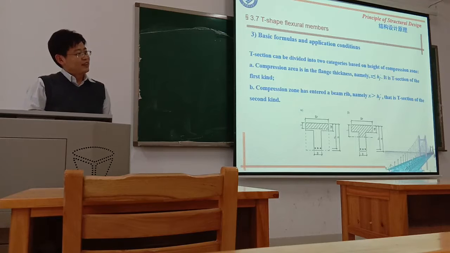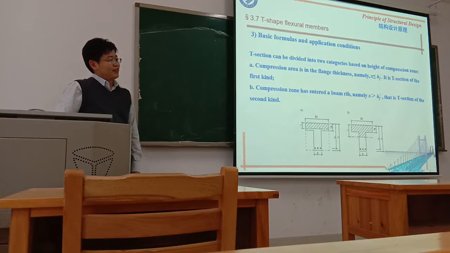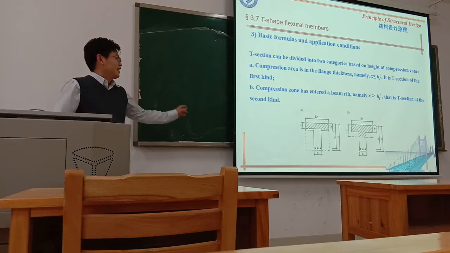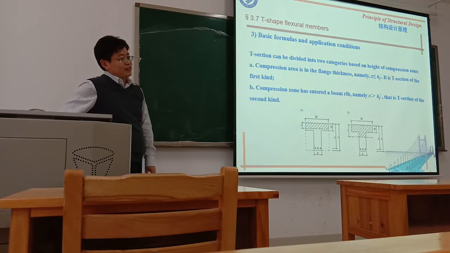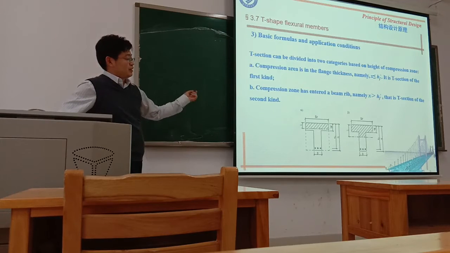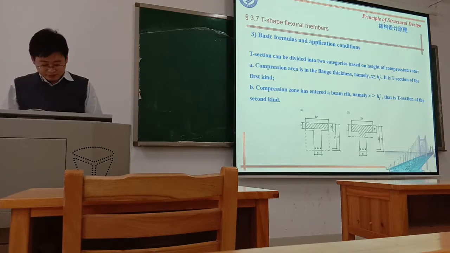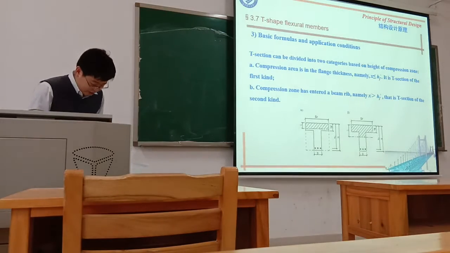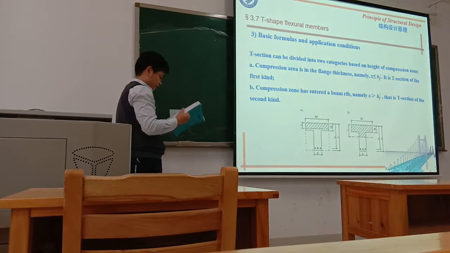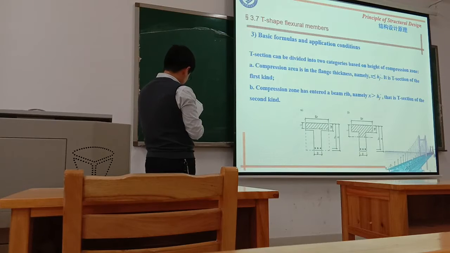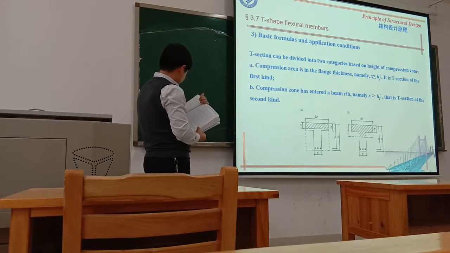If it's big, it's type 2. We use one of the formulas or equations to determine the real category of this T-shape. Remember which one we use? F c B prime F H prime F compared with f y A s.